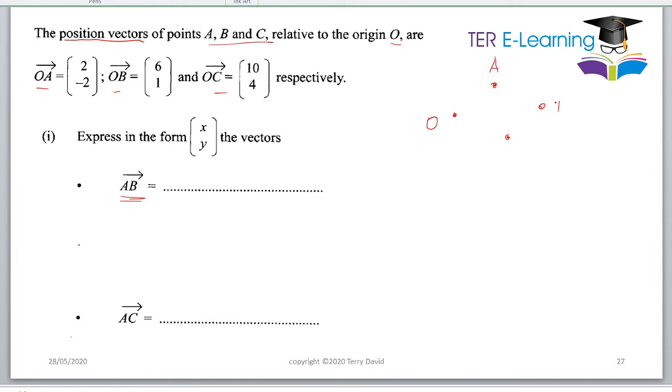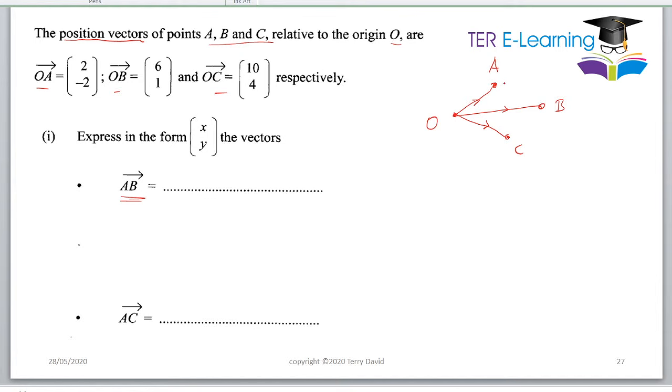So this is OA, this is OB, and this is OC. Your diagram doesn't have to be correct. It's just to help you visualize what's happening here.